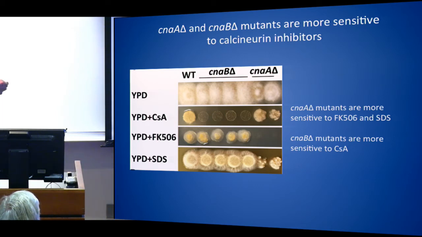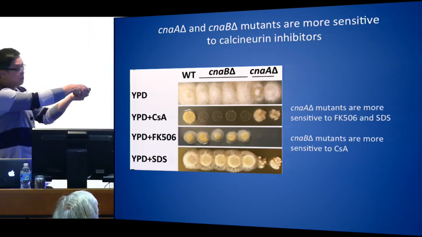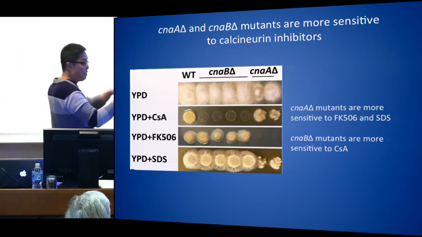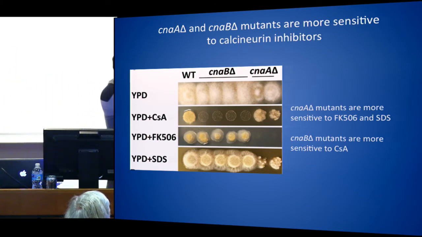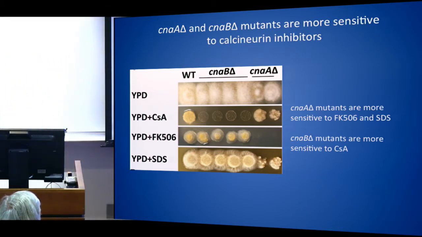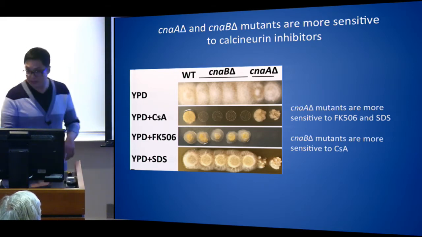For example, CNA B is much more sensitive to cyclosporin A compared to CNA A. However, the CNA A mutant is much more sensitive to FK506 compared to CNA B. These are very opposite phenotypes, and CNA A is also much more sensitive to SDS. That still says they have separate cellular roles.